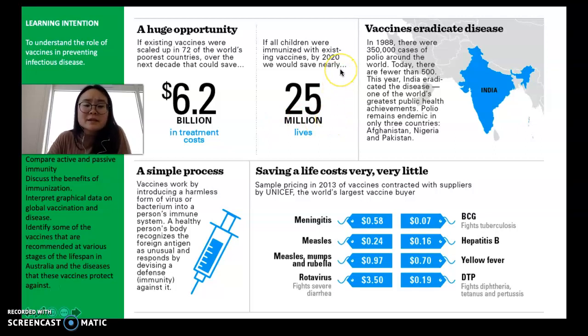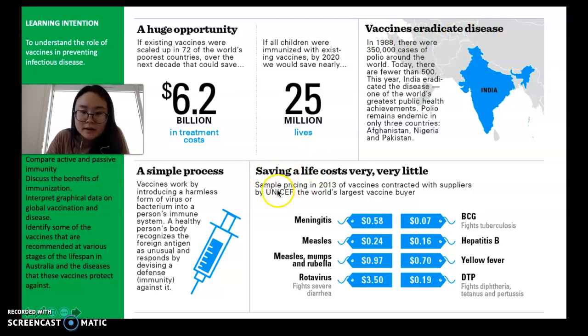Okay. So we're really lucky in Australia. We have a very solid vaccination program. You can get free vaccines through the government, but not all countries are as lucky as us. And that's why a lot of diseases that are common in developing countries are not common here, because of really good vaccination programs. I've already mentioned as well, vaccines help eradicate disease.